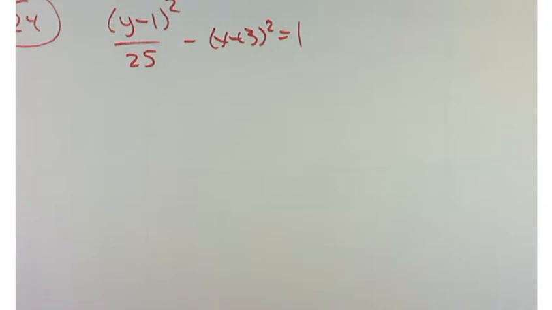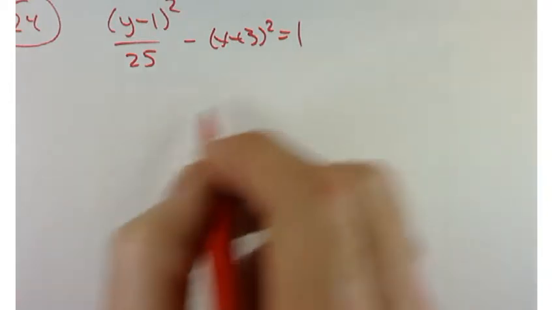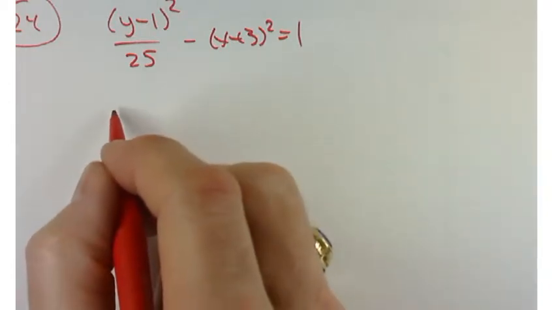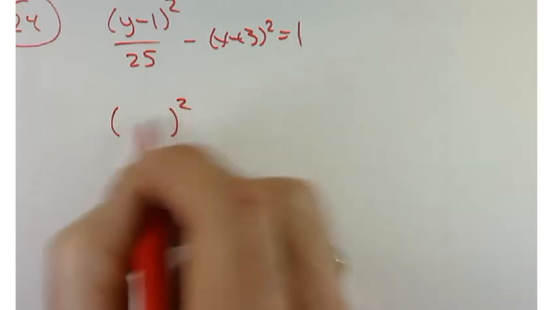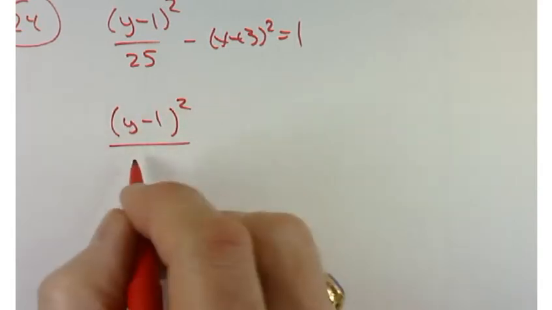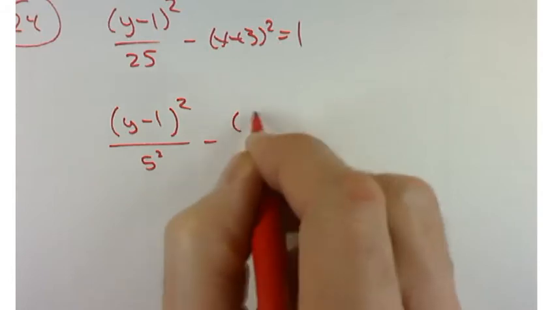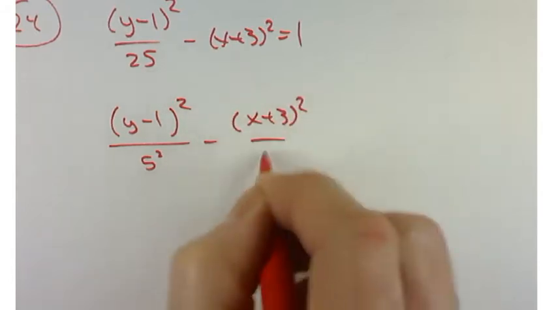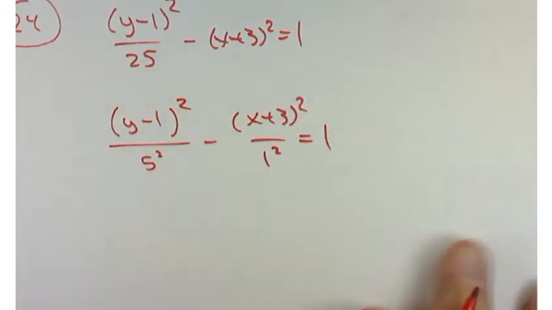What kind of a graph is this going to be? Yeah, it's going to be a hyperbola. Now, I should probably rewrite this, Janae. How would you suggest I rewrite this? With 5 squared and 1 squared underneath the x plus 3. Perfect. A 5 squared and a 1 squared.